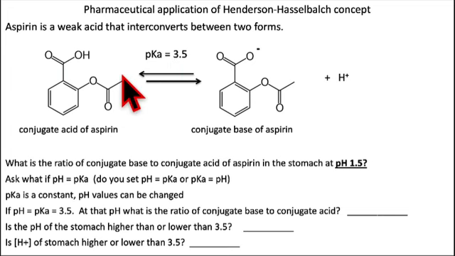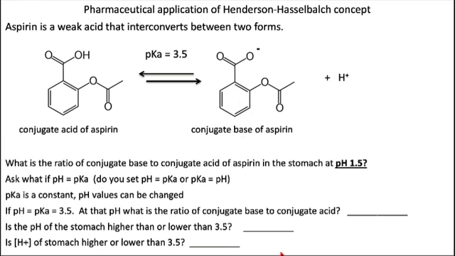That value cannot change, but aspirin can be put in a solution of just about any pH, so you can't change the 3.5 value. Easy to change the 1.5. And we're just going to say that we put this aspirin in a solution at a pH of 3.5. And at that we know that the ratio will be 1 to 1.